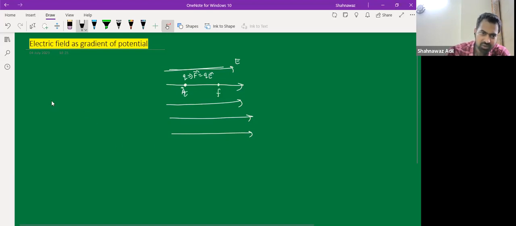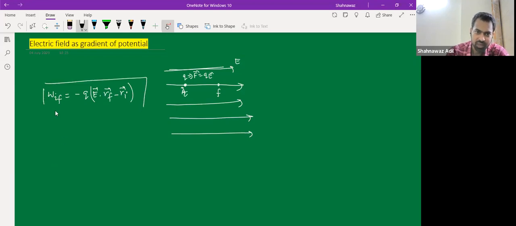So the work done in bringing a charge from the initial point to the final point in the presence of this external electric field would be simply Q E dot (r final minus r initial). This we know, right?